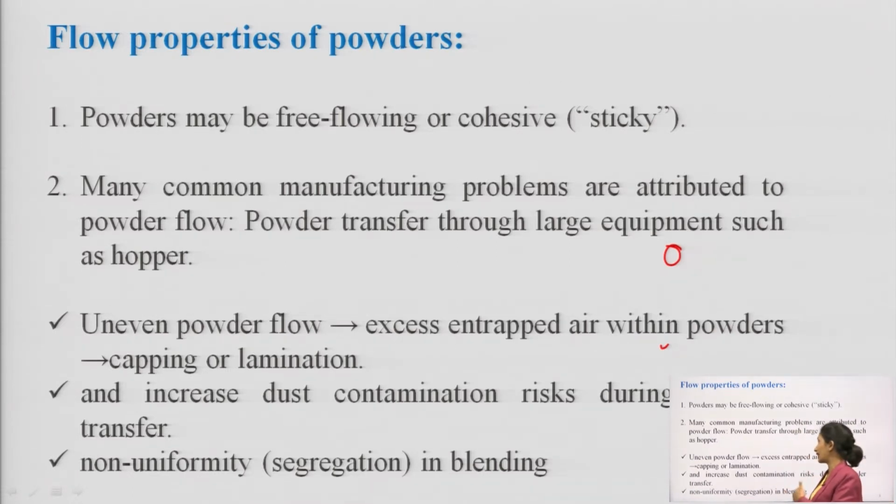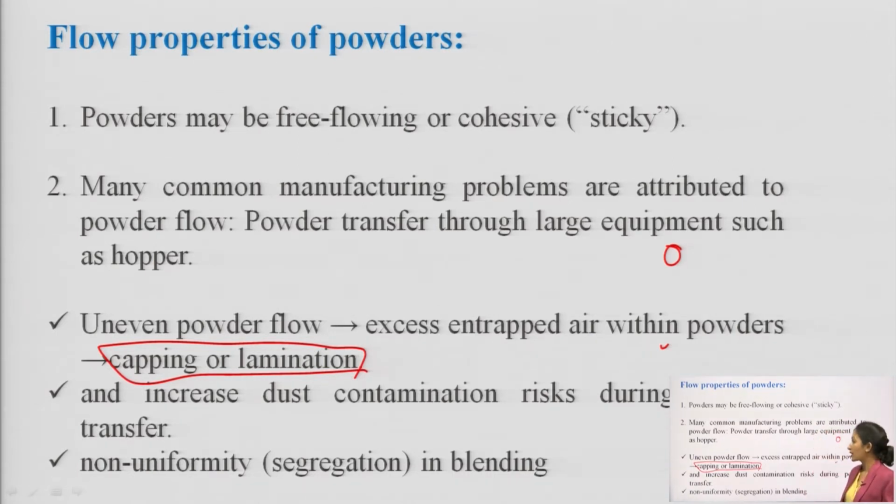As you know, capping and lamination are defects in tablets. It also increases the dust contamination risk during powder transfer, and causes non-uniformity or segregation in blending, which ultimately leads to weight variation. So, these are the most common manufacturing problems if the powder does not have a good flow property.